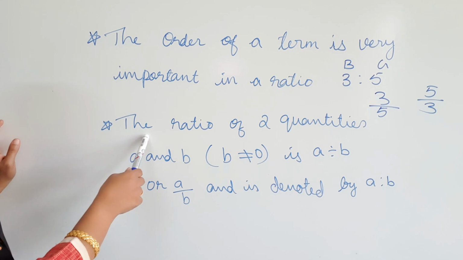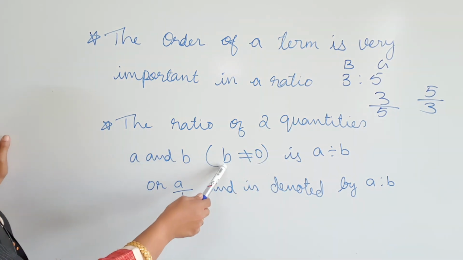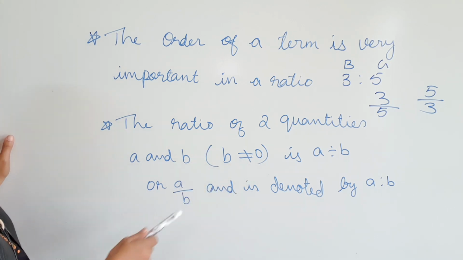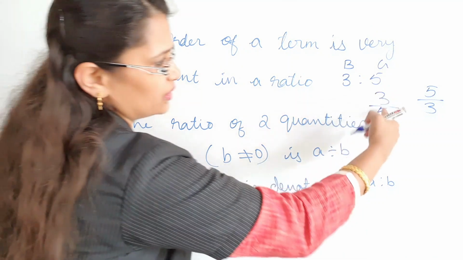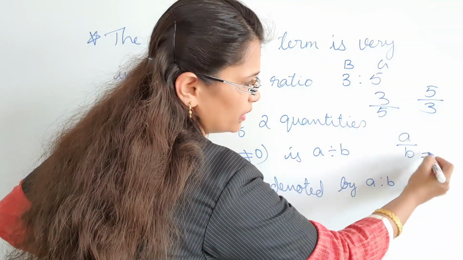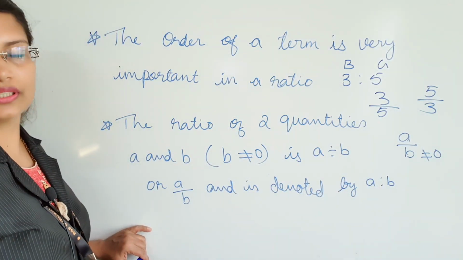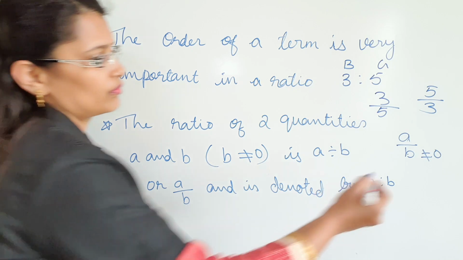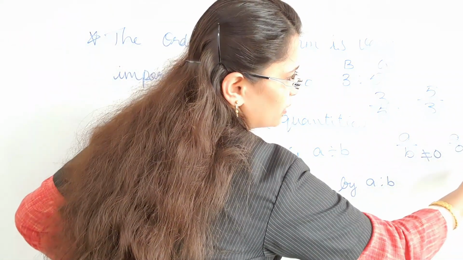Then the last property: the ratio of two quantities A and B, B not equal to 0. We are writing A and B like this as a fraction, right? A by B. B should not be equal to 0. What will happen if B equals 0? That means A divided by 0, or 2 divided by 0.